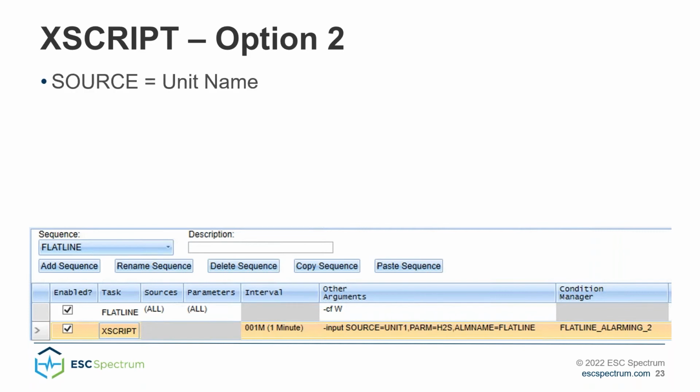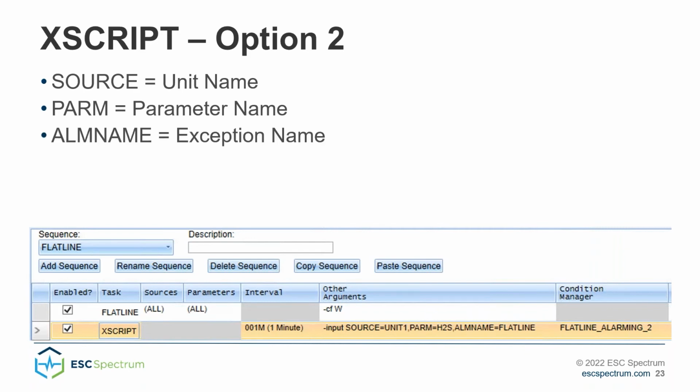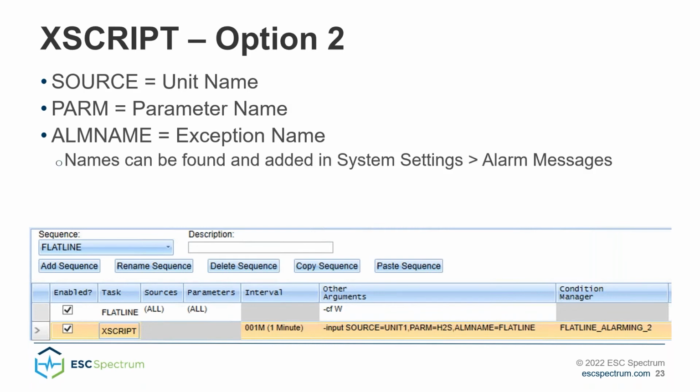In this, I am specifying in other arguments, inputting that the source is going to be your unit name, the param, again, your parameter name. So the source, in this case, unit 1, the parameter H2S, and then ALM name. This is going to be your exception name. And you can find these exceptions in system settings and alarm messages.